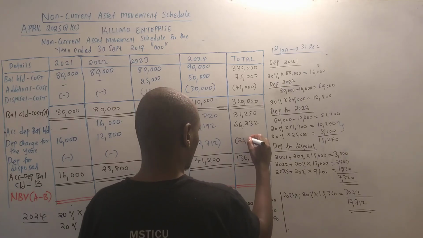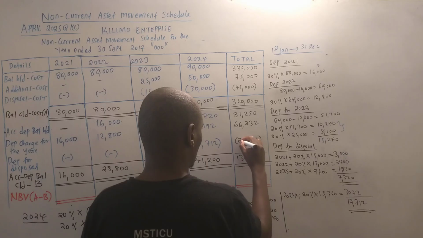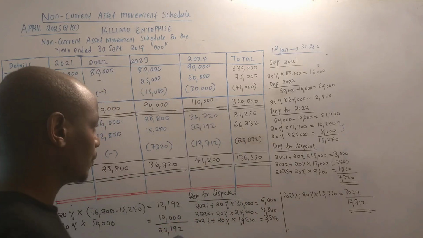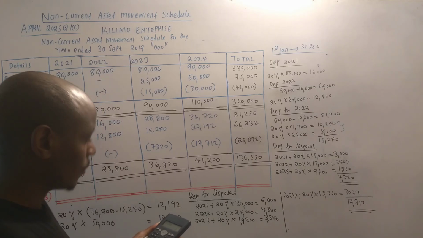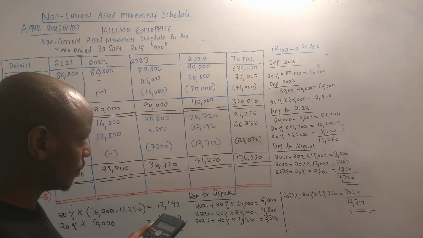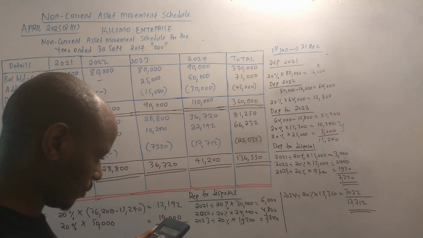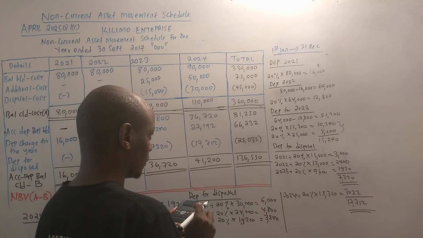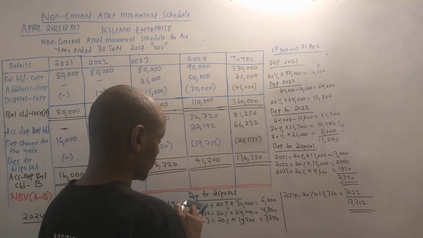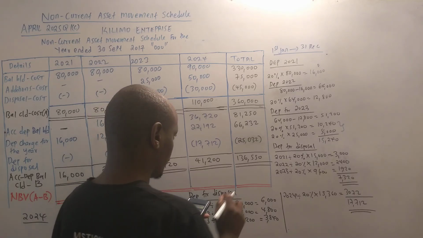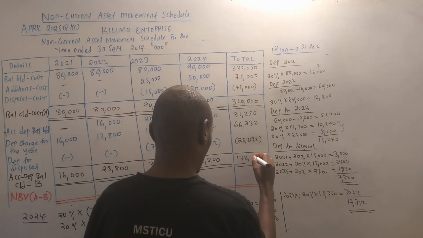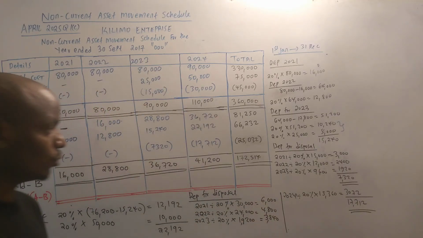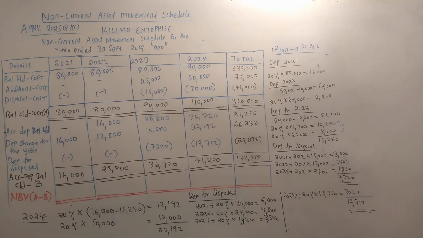So that will be 81,250, 66,232, 25,032. So 172,514. I hope it's the same with the other one.